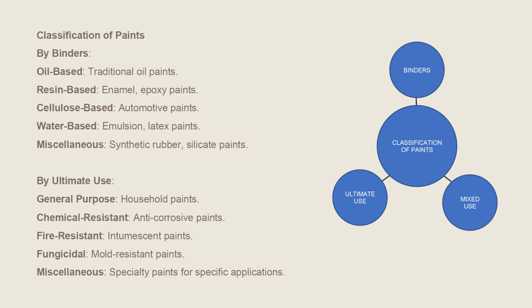Mixed classification paint types include aluminum for reflective, anti-corrosive for protective, asbestos for gas resistant, bituminous for waterproof, bronze for metallic, casein for matte, cellulose for glossy, cement based for masonry, colloidal for penetrative, emulsion for quick drying, enamel for durable, graphite for gas resistant, inodorous for low odor, oil for classic, plastic for quick drying, silicate for heat resistant and synthetic rubber for weather resistance.